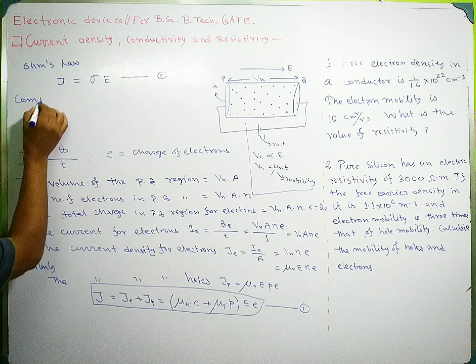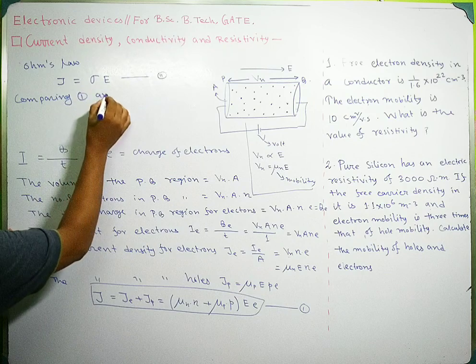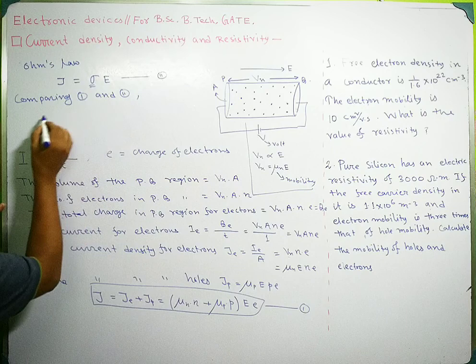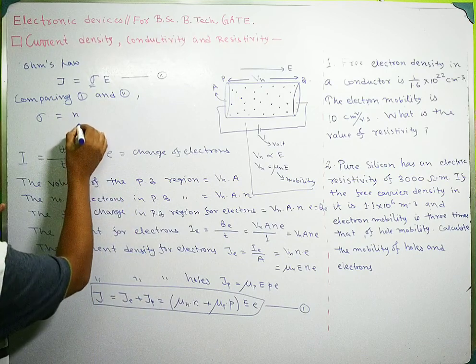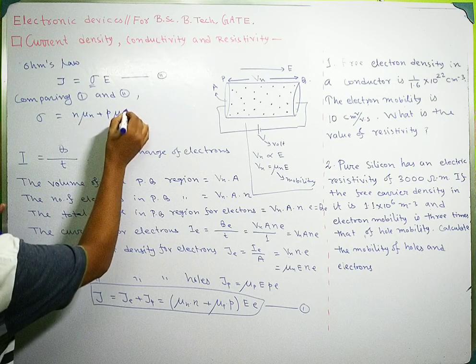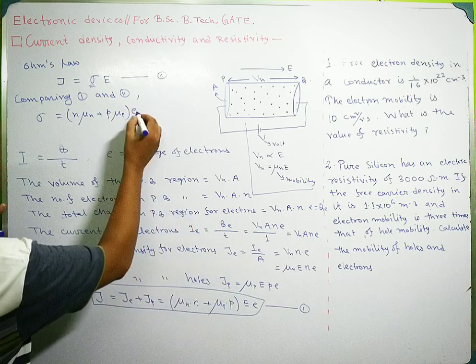we can easily calculate that sigma is given by n into mu n plus p into mu p, into e.